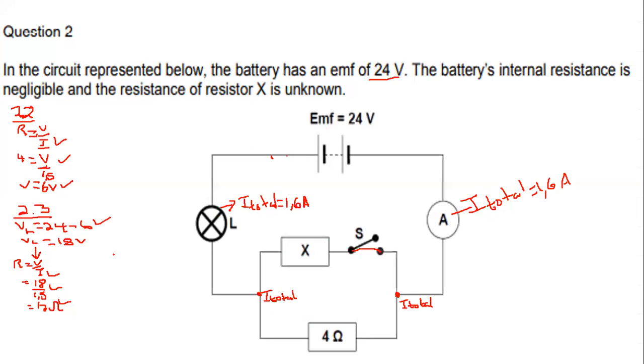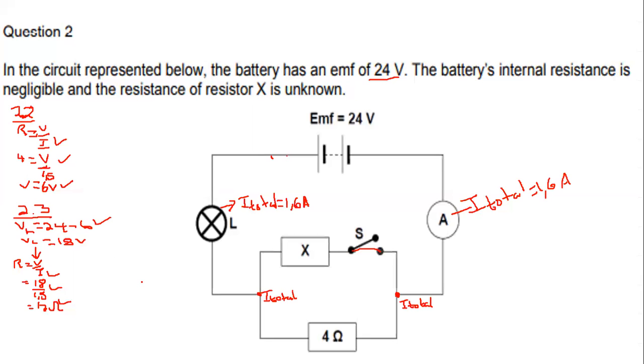But you will recall that if I added a resistor in series, then the total resistance of the circuit would have increased. But in this case, closing the switch makes X work. In other words, I have added the resistor in parallel, so the total resistance of the circuit is going to decrease, and that is why the current increased. And this is how you learn, my dear learners.